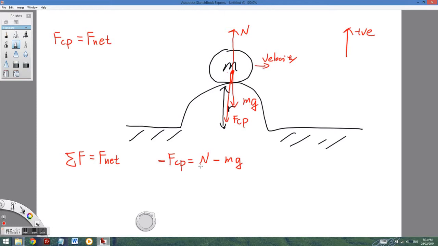Now note that if the normal force is less than or equal to 0, it indicates the ball is losing contact with the ground.